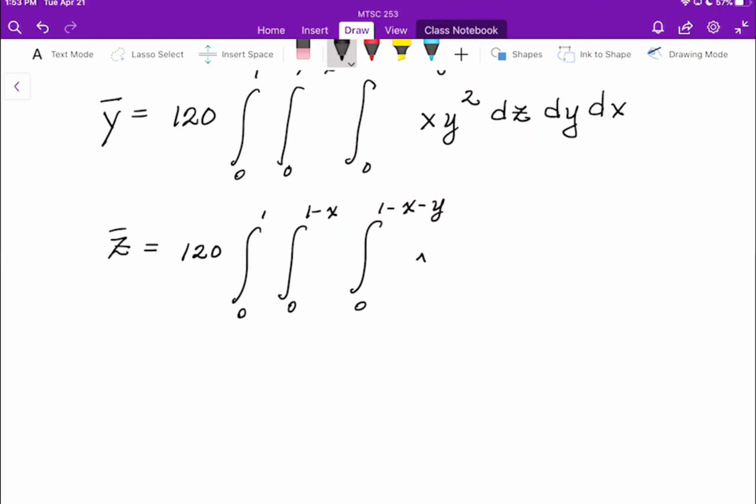Now I'm going to have xy, but I'm going to multiply by z, dz, dy, dx. Okay, so there are several things that we can do with these triple integrals.